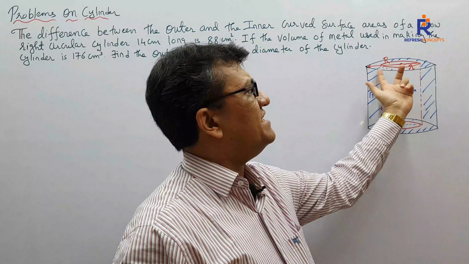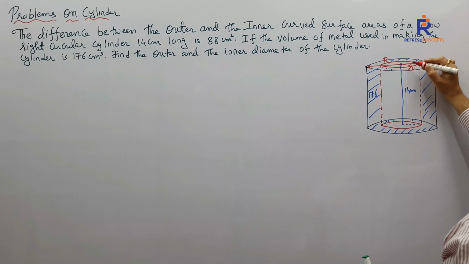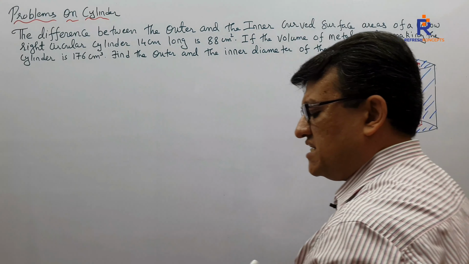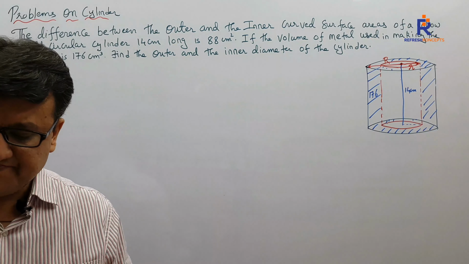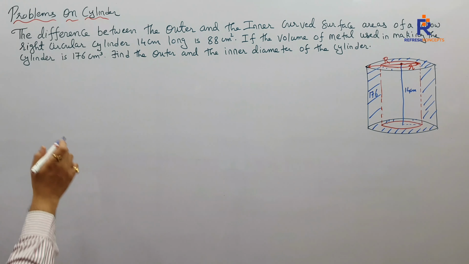So if I get the inner radius and the outer radius, I double it and we'll get the diameter. Let's start. How do we start our sum? We can start with the radius, which we are supposed to find out.